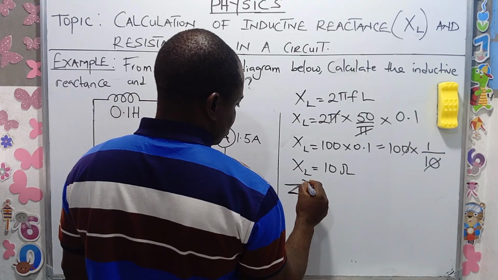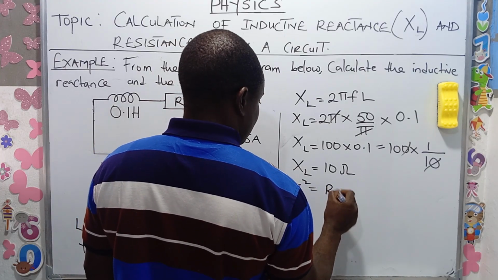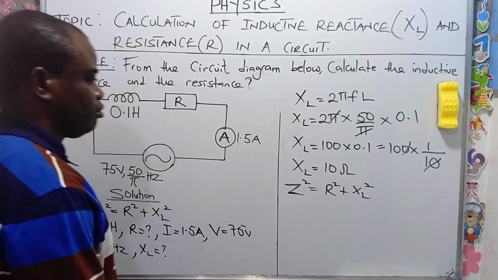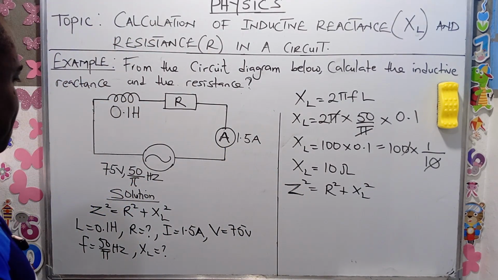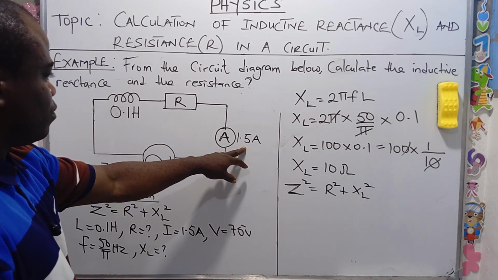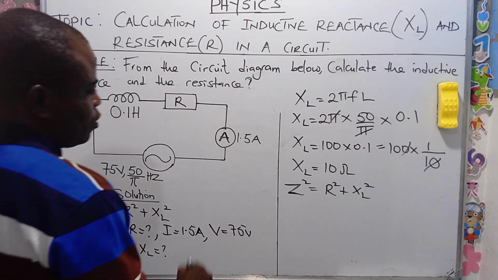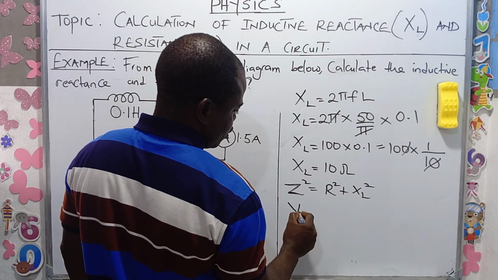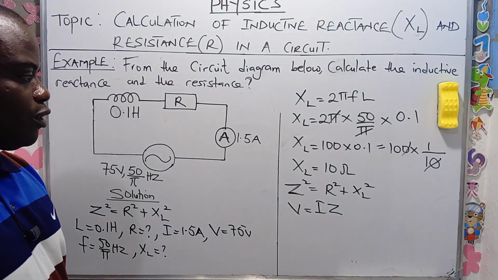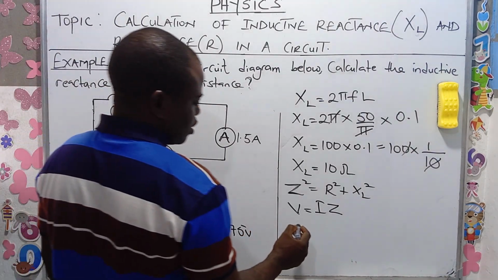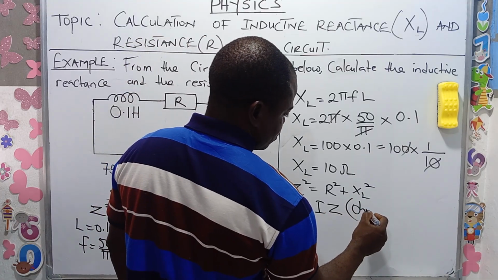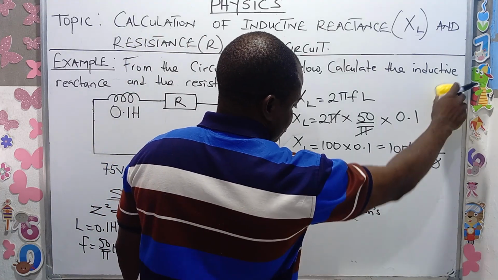Z squared equals R squared plus XL squared. Now we have the current. Don't forget that V equals IZ, and your Z, the impedance, through Ohm's law. That's Ohm's law.